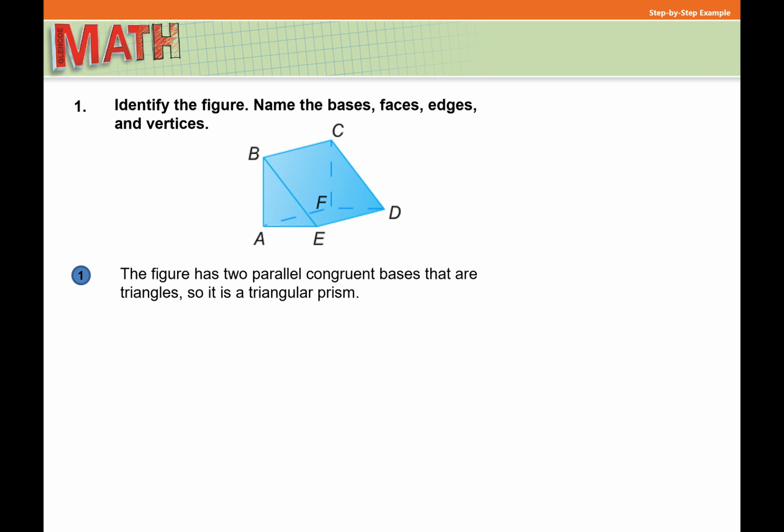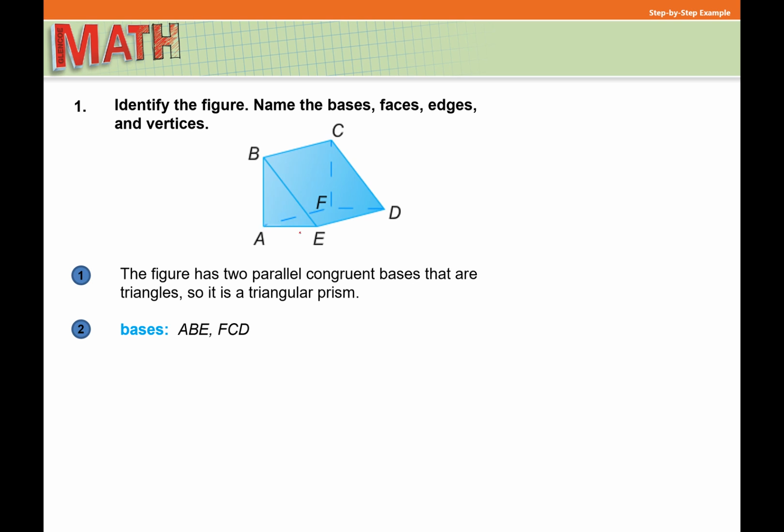And we also know that since there's two of them, this is also a prism. So we're going to name this a triangular prism. Triangular because it's got triangles for bases. Prism because there are two of them that are joined with parallel edges like this. Okay, fairly simple. Now with the naming, we're just going to name the bases a lot like what we named triangles.